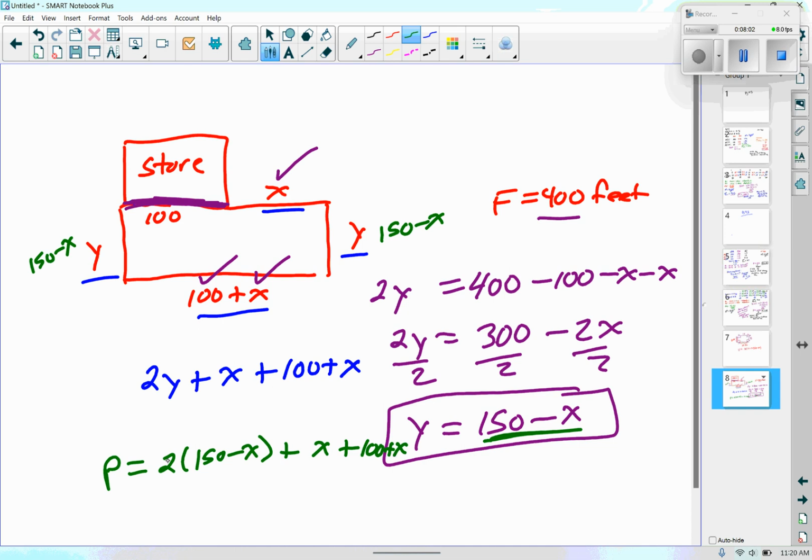And so we can start just multiplying over, figuring things out. So that's going to give me 300 minus 2x, x plus x is plus 2x plus 100. And so that's going to give me P is equal to, the 2x's go away, 300 minus 100 is 200. And I think we now have enough information.